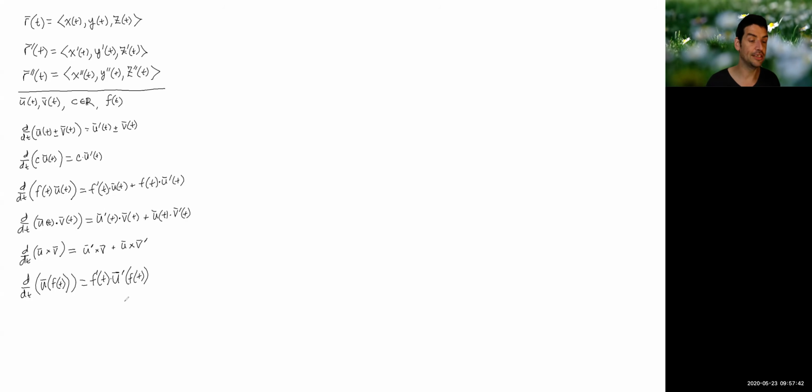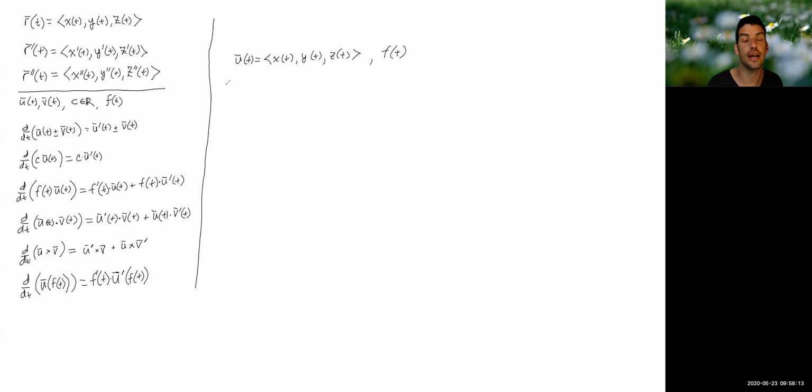Okay, so let's do a proof of this one, and then we'll do an example of it, because I think it's also maybe not clear exactly what I mean by that. So let's say u of t, and we'll do a light proof, is just defined to be x of t, y of t, z of t. Let's assume it's differentiable, and f of t is a differentiable real valued function.